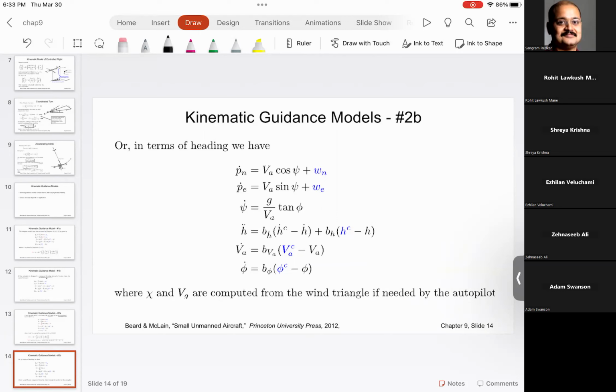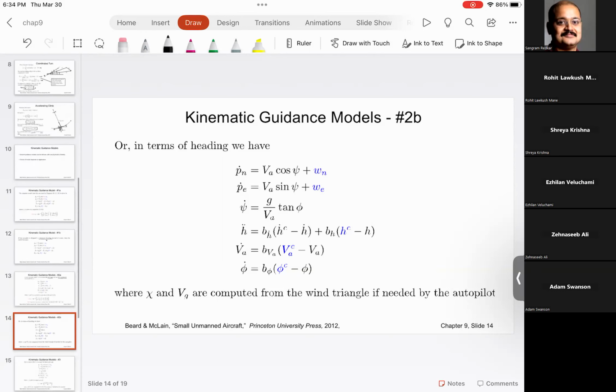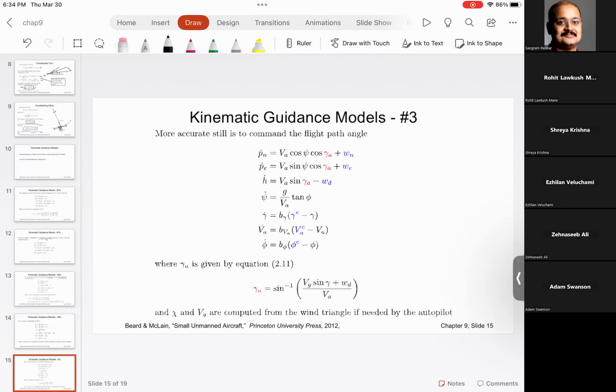Many times you have something called a state machine, wherein depending upon the type of data that is available at a certain instant, and depending upon the flight regime that you are in, you use appropriate models. Then another variation is if you want to perform flight path control.